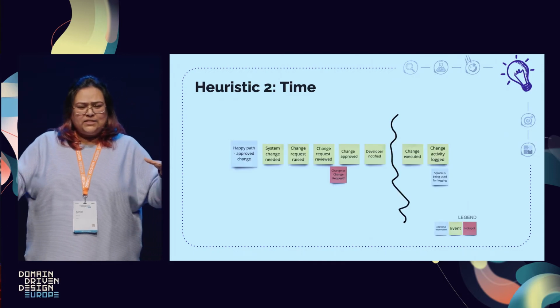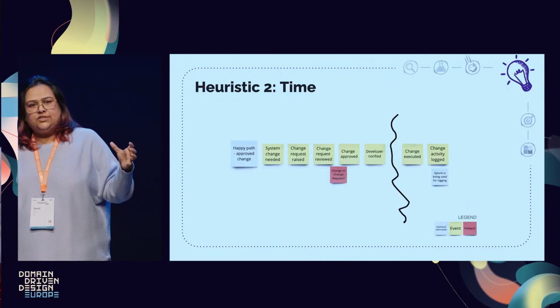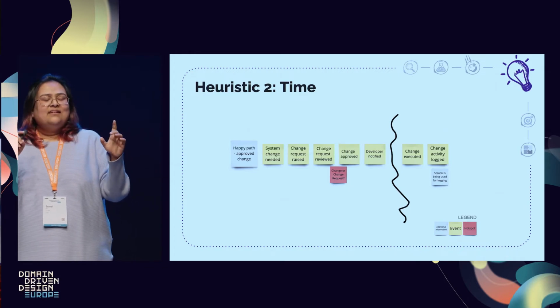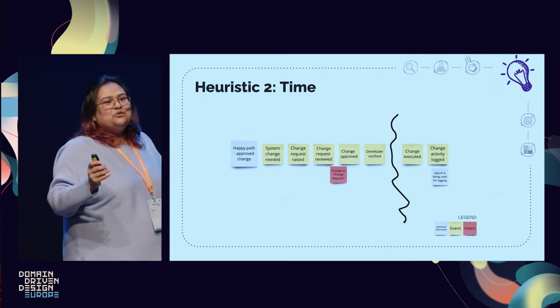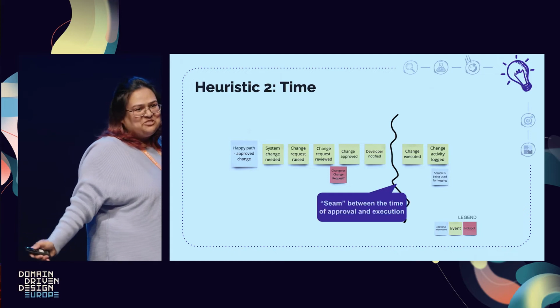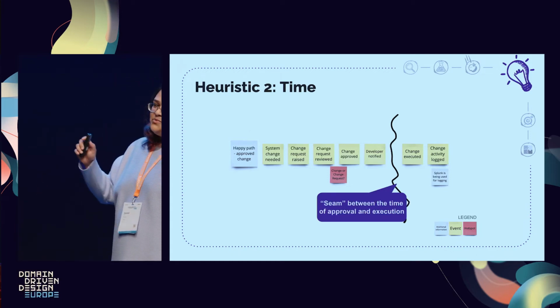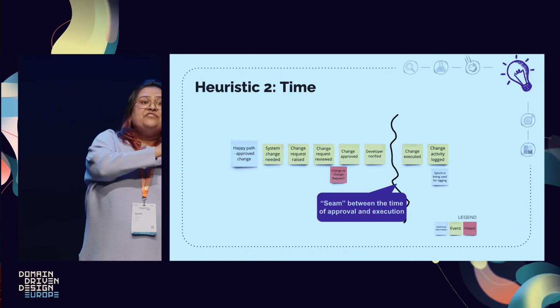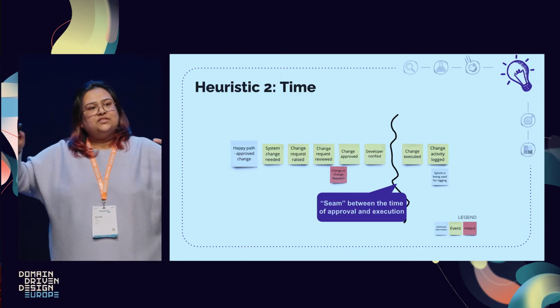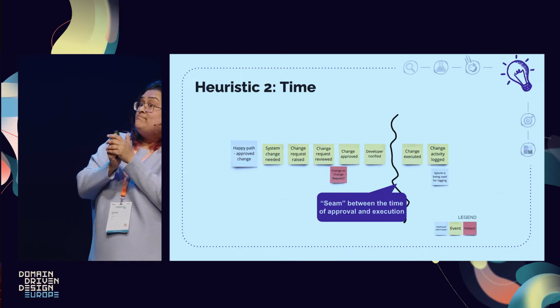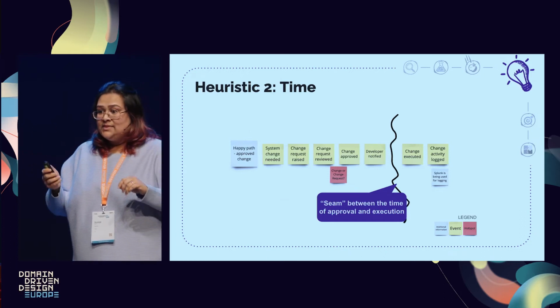And at this point, time made perfect sense to us as a heuristic. A couple of slides later, I will argue why time perhaps might not have been the best heuristic, but let's park that. Thinking of time very closely followed the process. We found the boundary at the exact same place.